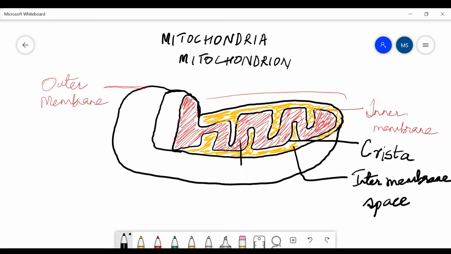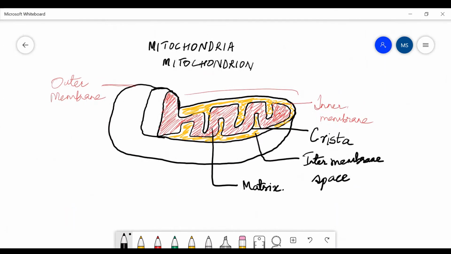This is the matrix that the mitochondrion has. The outer membrane is complete, whereas the inner membrane forms a number of infoldings, which we have already mentioned as cristae. The singular is crista, and the plural is cristae.